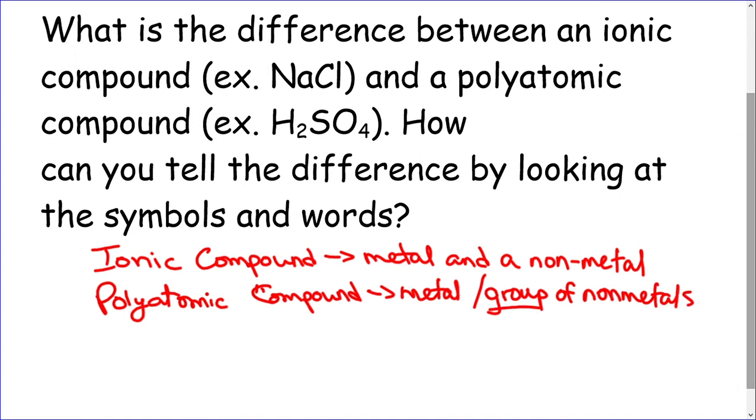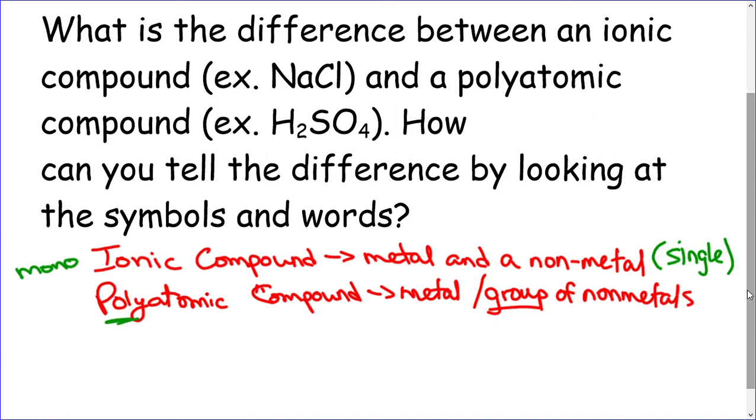So, big difference there. Group of nonmetals, whereas this one is just single. Okay, both of these realistically are ionic compounds. This one is a mono ionic compound, whereas this one is poly, just meaning many.